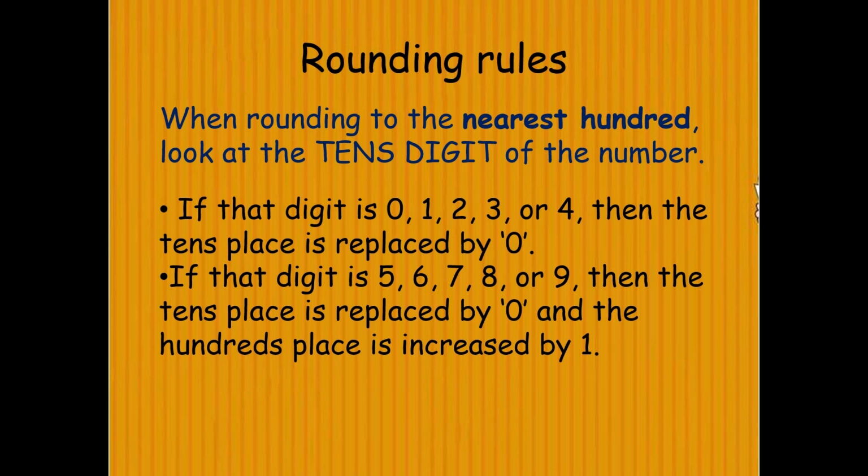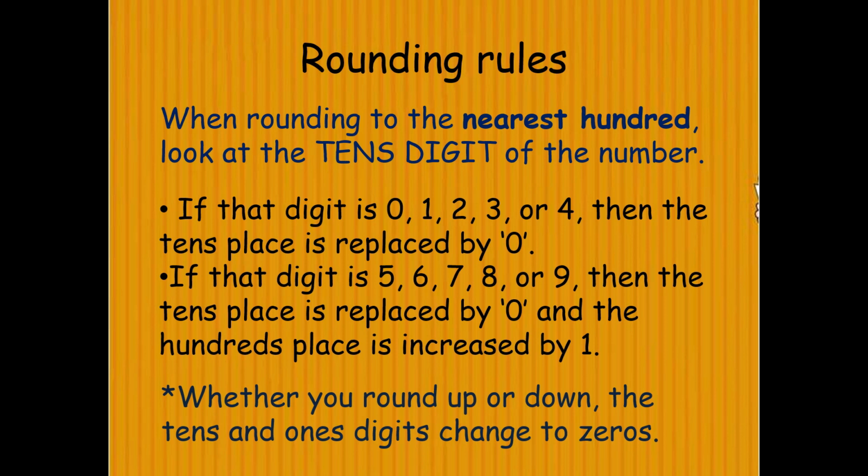But if the digit is 5, 6, 7, 8, or 9, then the tens place is replaced by 0 and the hundreds place is increased by 1. Remember, whether you round up or round down, the tens and the ones digits change to zeros.